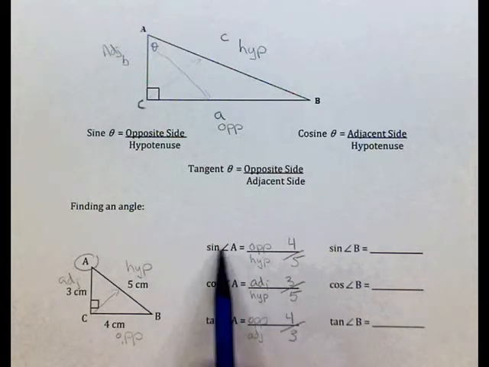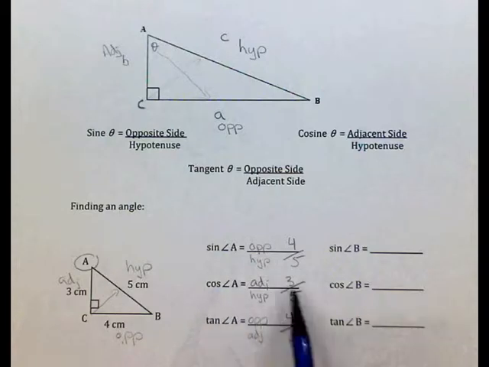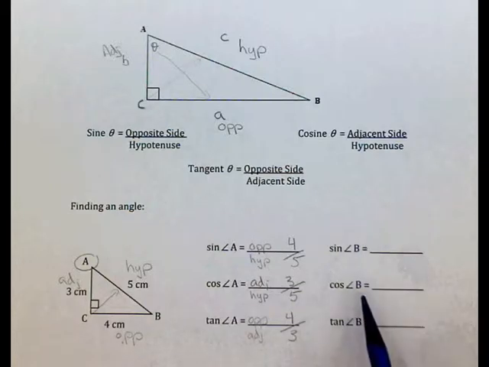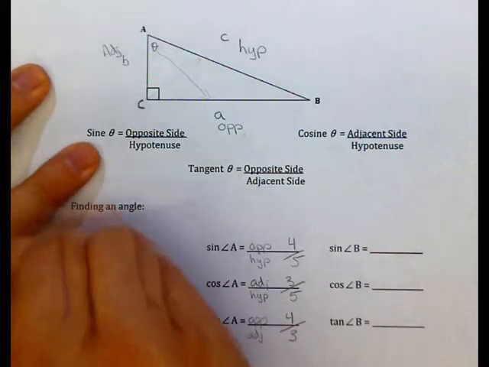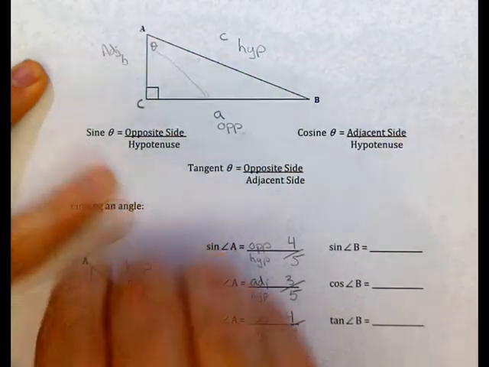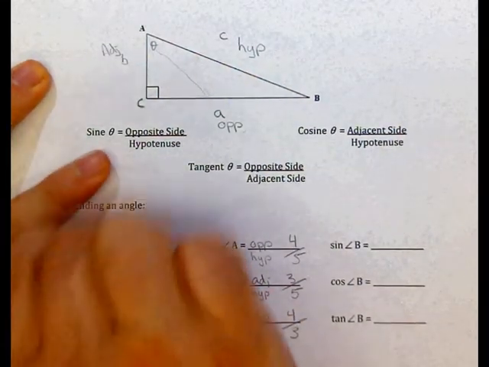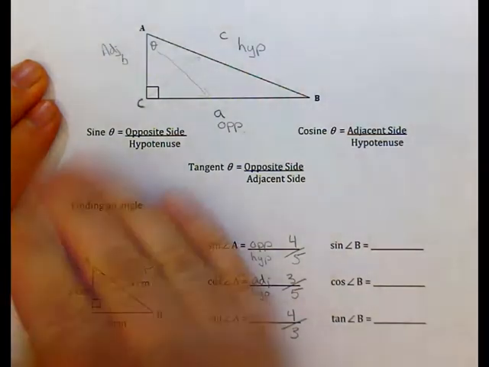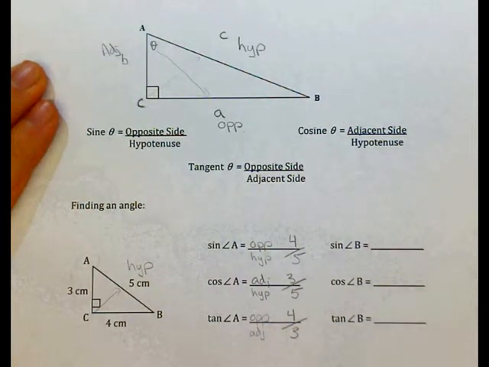So I've got sine of angle A is 4 over 5, cos of angle A is 3 over 5, and tan of angle A is 4 over 3. Now let's do the same thing with angle B. We must make sure we erase our labels. Quick erase, gone, and now we're looking for angle B.